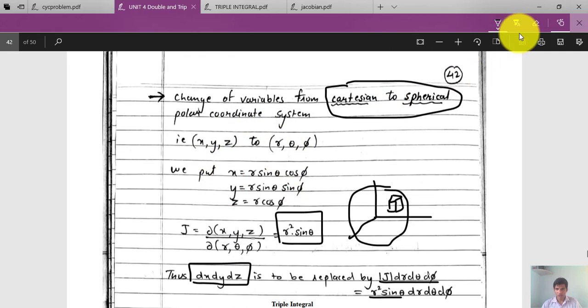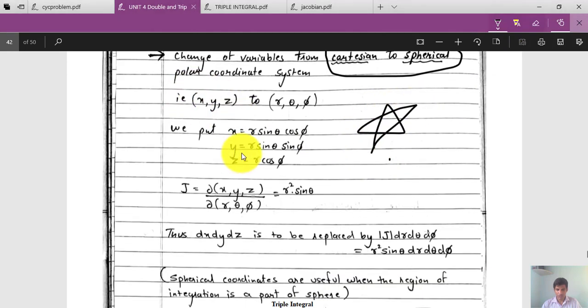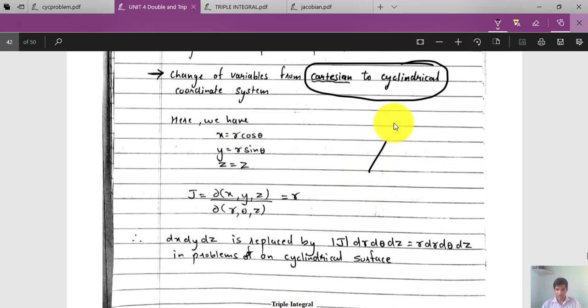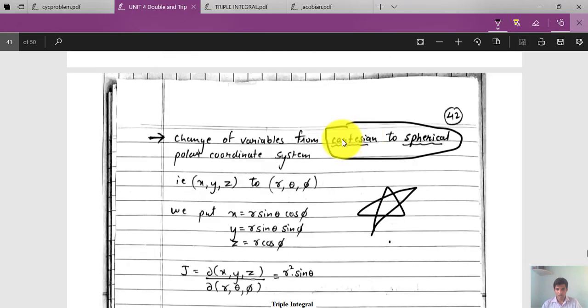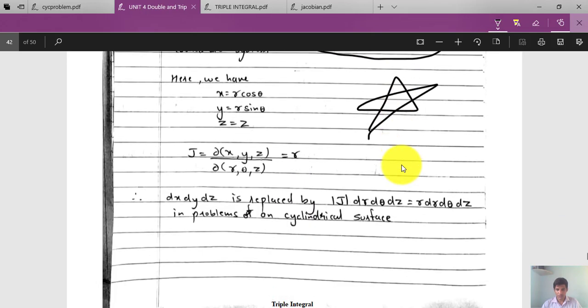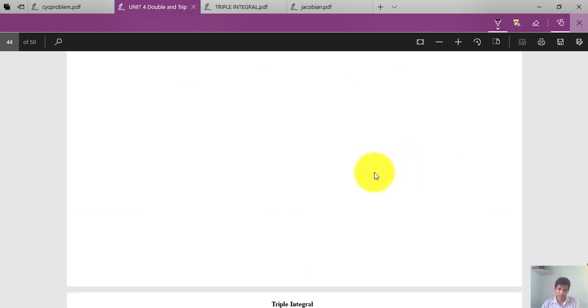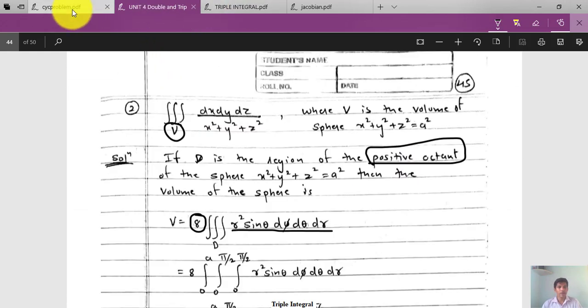And this formula you should know. This is important, okay. How do you change it, from Cartesian to spherical coordinates and Cartesian to cylindrical coordinates, okay. Now what I'll do is I will take one problem of a cylinder.